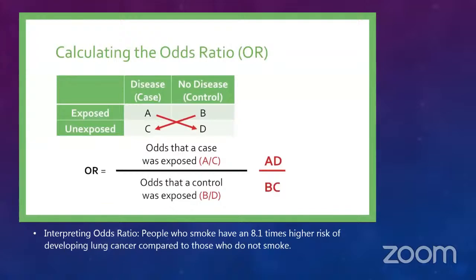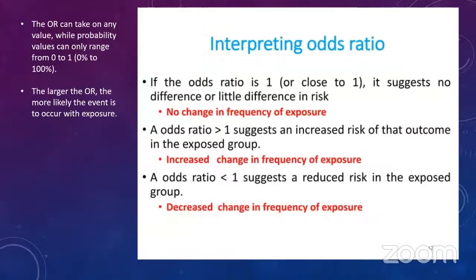People who smoke, I'll go to this. Okay. So how do we interpret the odds ratio? While a probability can be any value between 0 and 1, the odds ratio is usually listed from 0 upward. The larger the odds ratio, the more likely the event is related to the exposure.